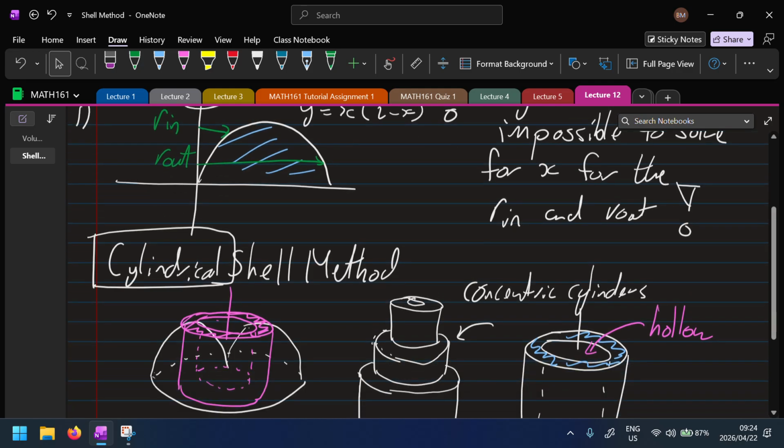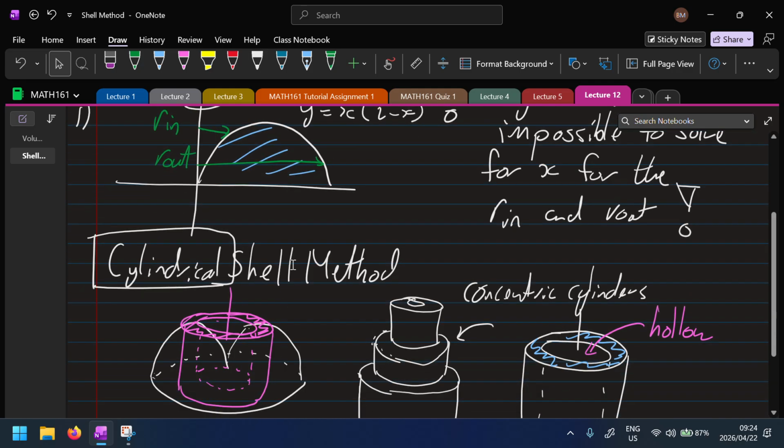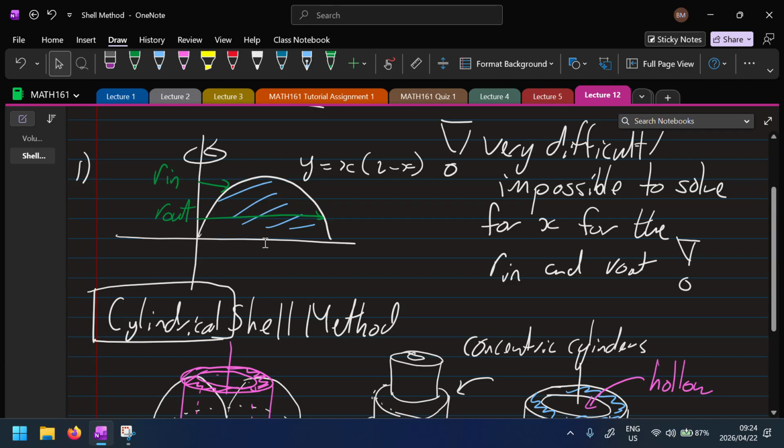Remember how these cylinders are being stacked? This height here, what's that going to be? It's the distance from the bottom of the function to the top of the function. What's this height here? It's just the y value. That's the height.